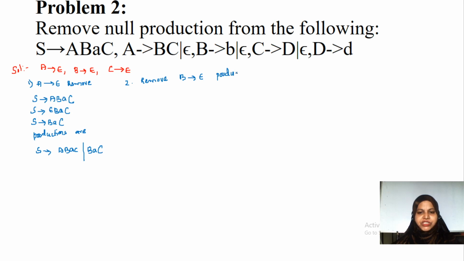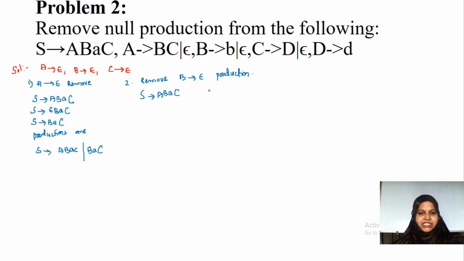How we are going to remove this B tends to epsilon production? See here, wherever B is there, just we have to substitute this one. In this case, here S tends to A, B, A, C, one production is there, right? Already this one is there.